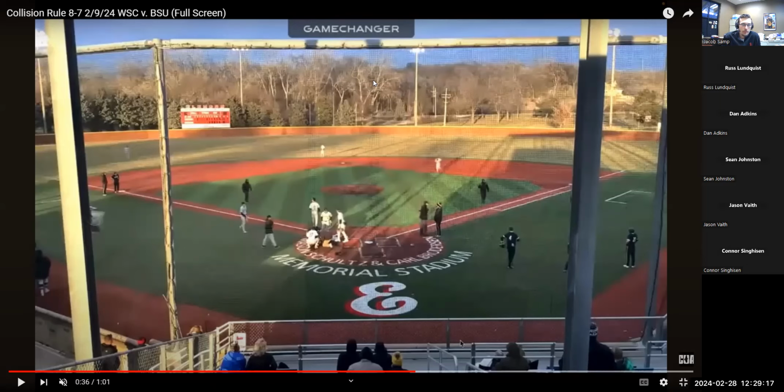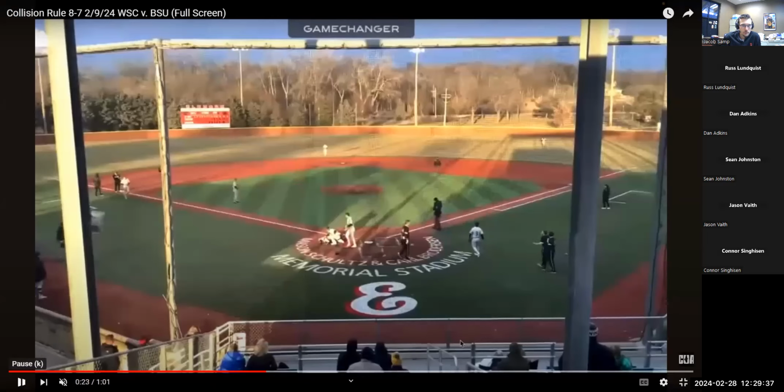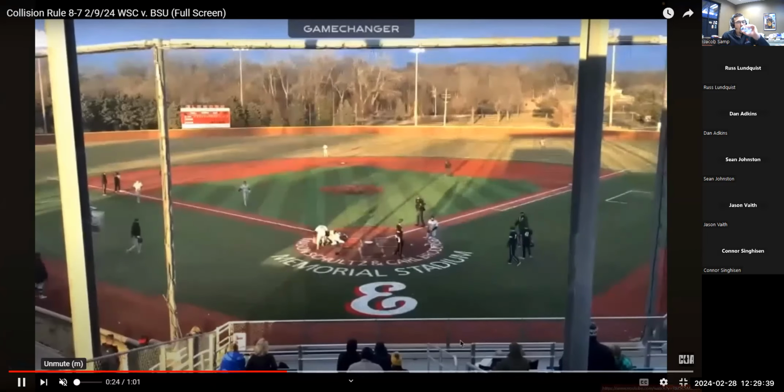Yeah, so first off, I'll give you by rule. Since this play was at home plate, the coach is allowed to go near the dirt circle, not enter it, but go near the dirt circle. So he's actually going where he's allowed to go. Now, can you walk this coach to that 45-foot line? Absolutely.